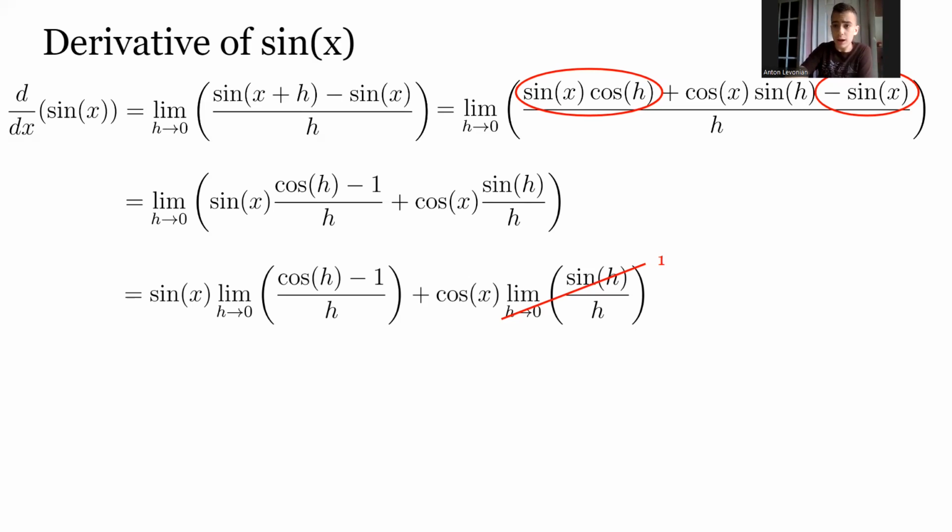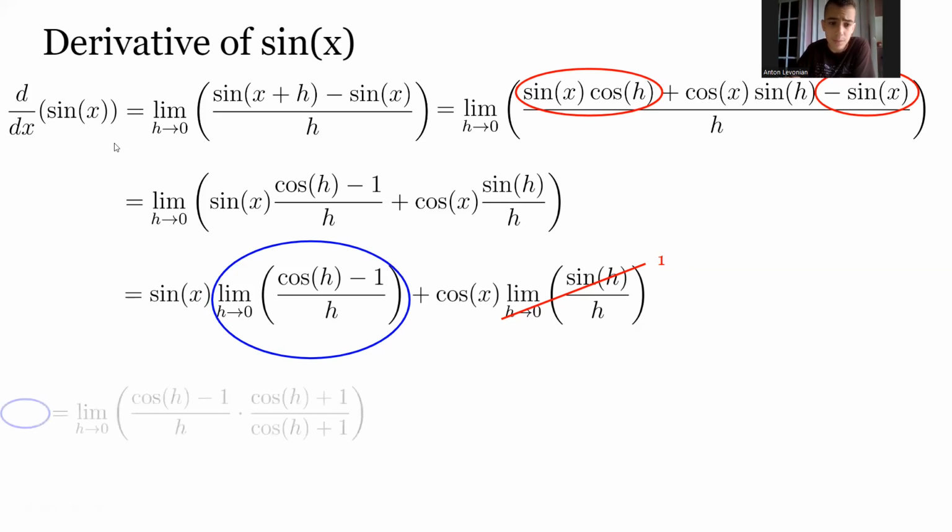So I will use without proof the fact that this limit is equal to 1. It's definitely not an arbitrary thing that I'm pulling out of midair, though. There is a proof for this fact. Okay, so this limit is 1. Then we also have this mystery limit right here. This will turn out to be some number, and that number times sine of x plus cosine of x will be the derivative of sine of x.